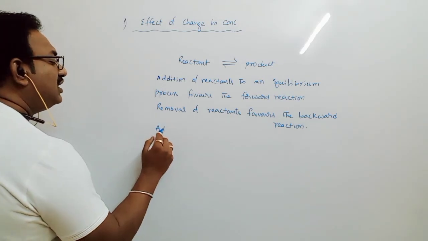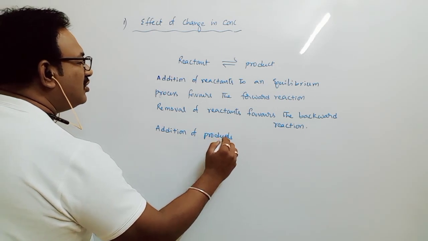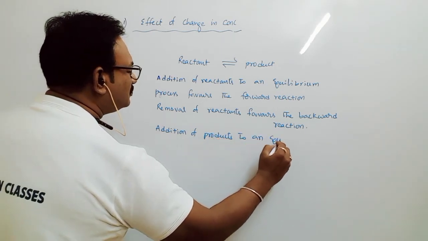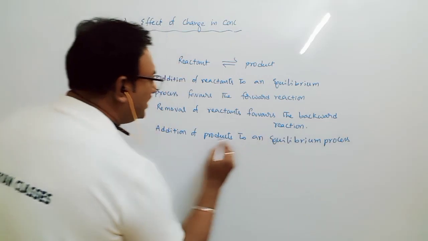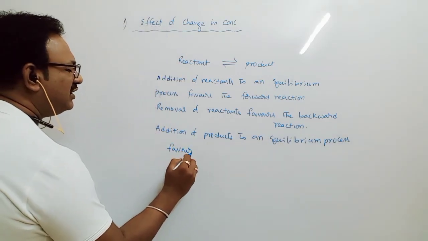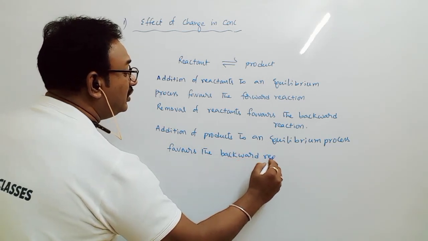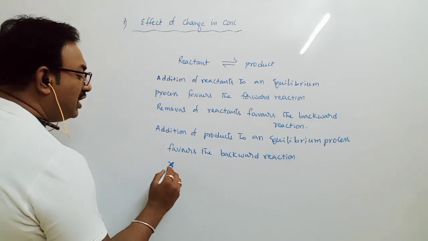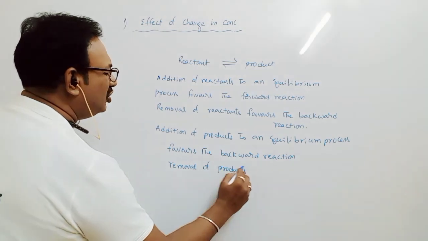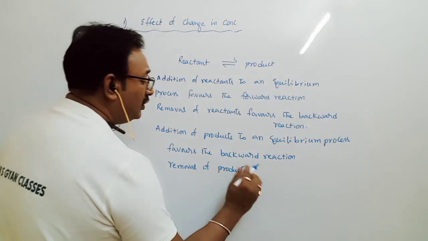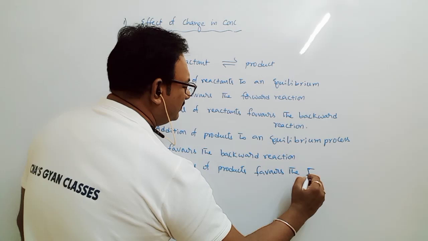Next, again, addition of products to an equilibrium process. Addition of products to an equilibrium process favors the backward reaction. Right. Removal of products favors the forward reaction.